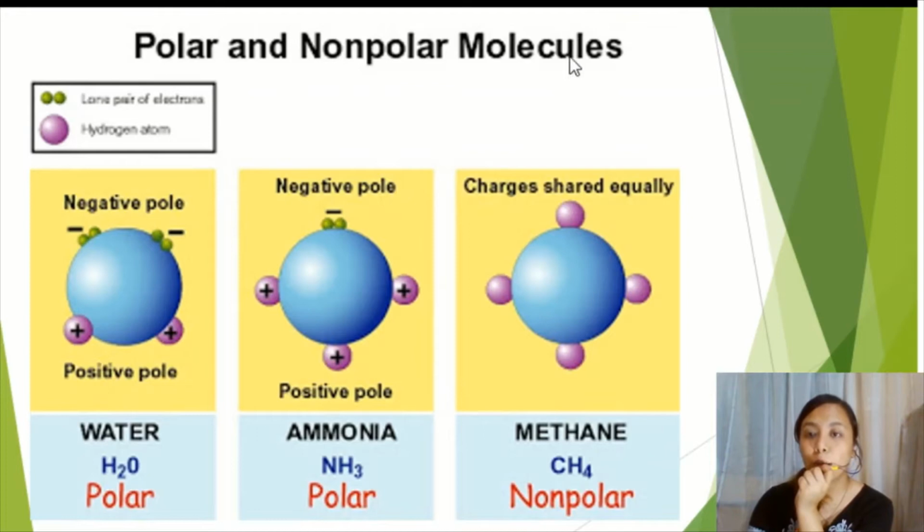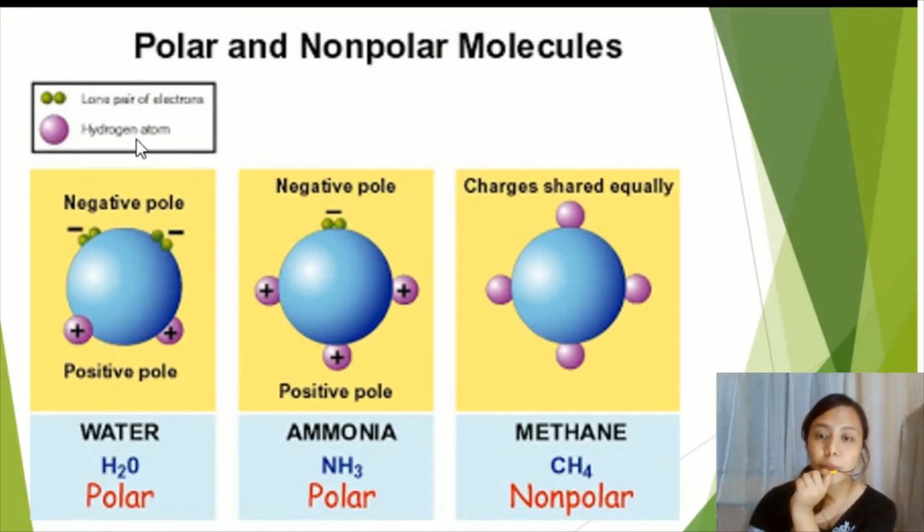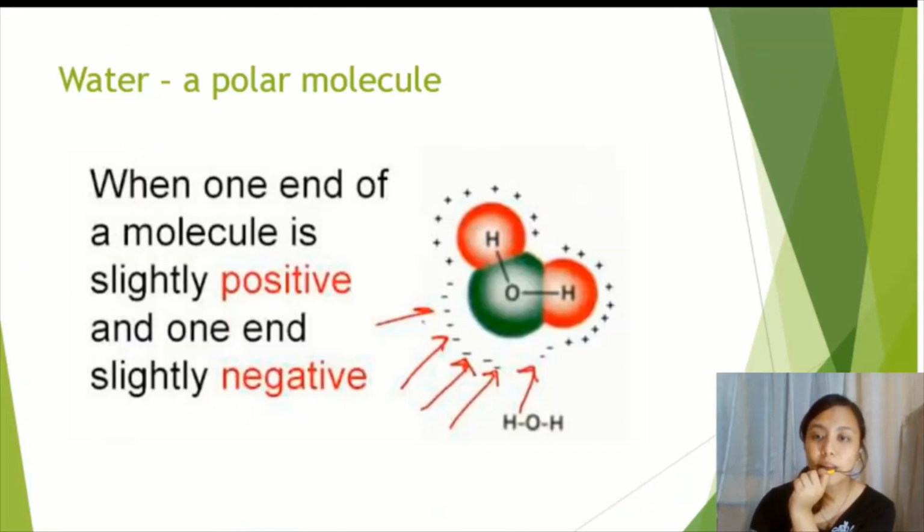When you put an axis in the middle of methane, look at methane, what happens? Your structure will just be divided into two equal parts. That's what we call symmetrical. When we talk about polar, they won't present themselves in a symmetrical way. So in water, as you can see, it has two poles.